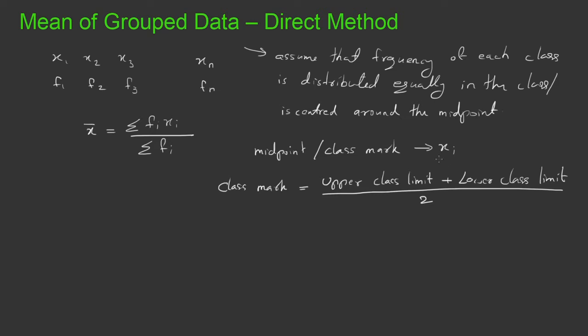So, we got xi's and we know fi's. Therefore, by using the equation x bar is equal to sum of fi xi divided by sum of fi, we can calculate the mean of group data. This method of finding mean of grouped frequency is called direct method.